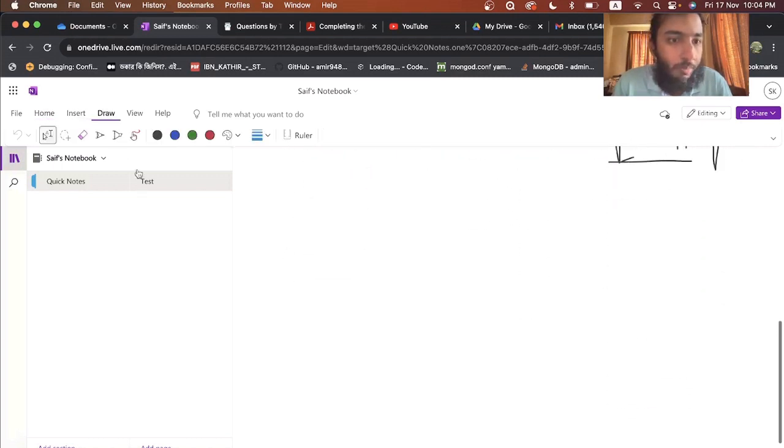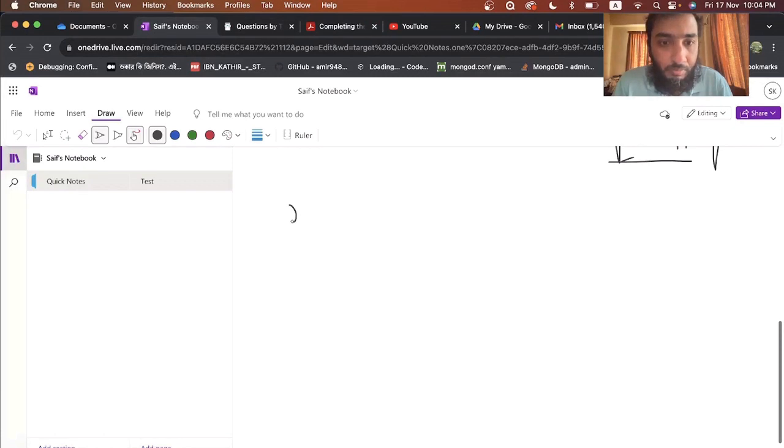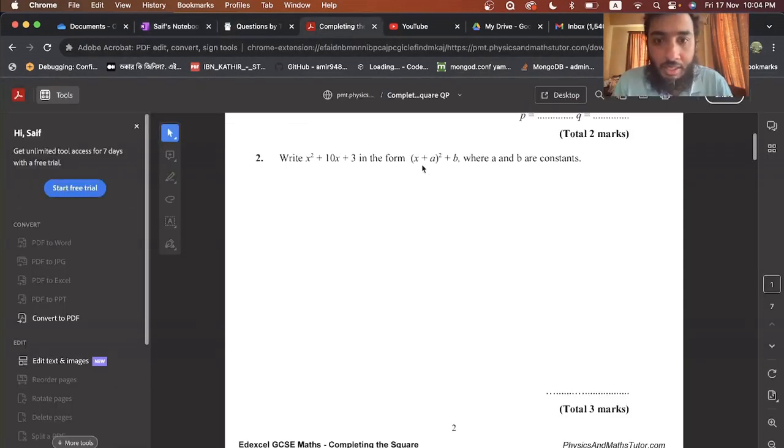If I use the pen tool, I write this expression on the left hand side, x square plus 10x plus 3. On the right hand side I'll write x plus a whole square plus b.